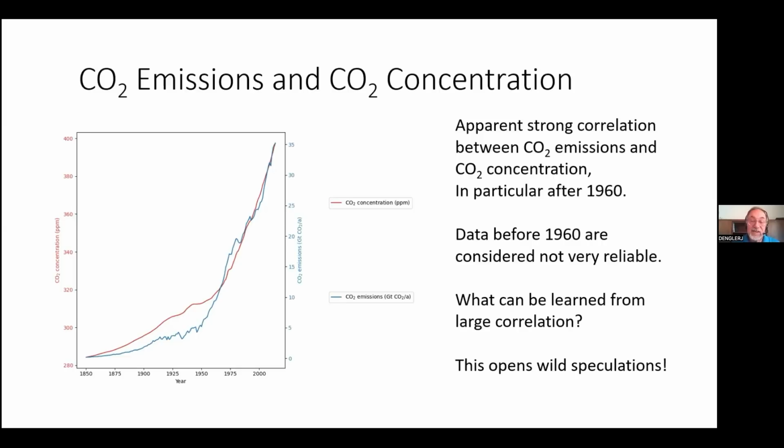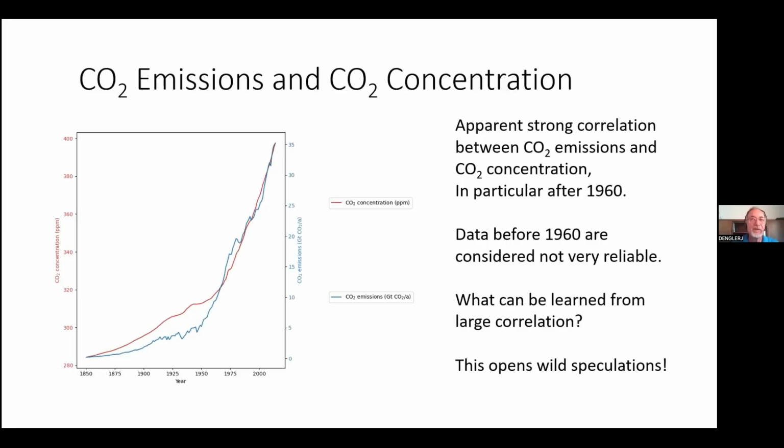We know that the data before 1960 are considered not very reliable, but the other question is what can be learned from large correlation? And the trouble is you cannot really learn a lot from it because correlation does not say anything about causation.